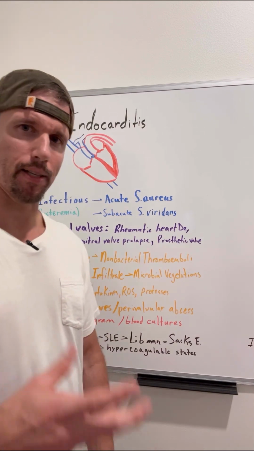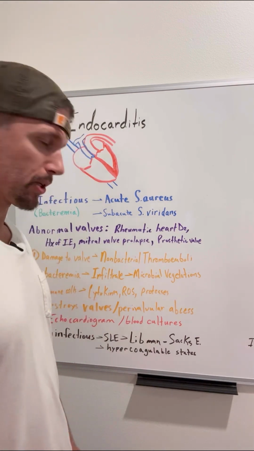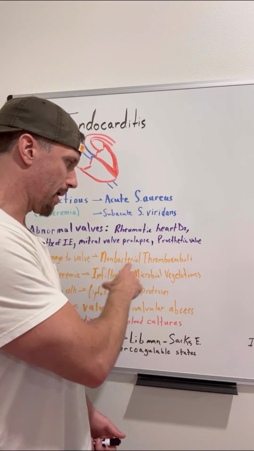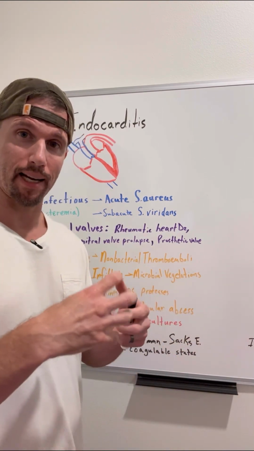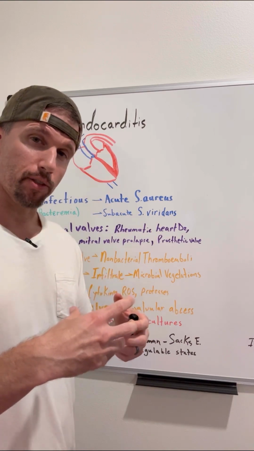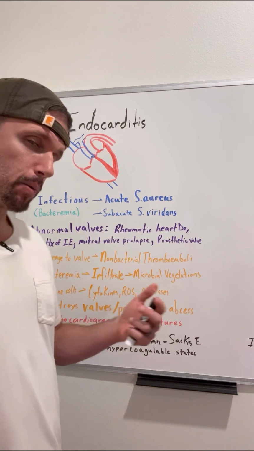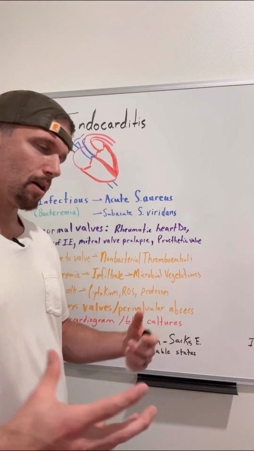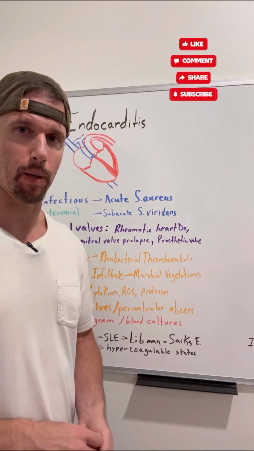But basically you get all these antibodies, and they can go and damage the valves, but you don't have the microbial growths. It's more of just this non-bacterial thromboemboli that form. But again, those can cause problems. Those can actually damage the valves too. They can embolize as well. Hypercoagulable states, something like factor V Leiden, something that causes more clotting than normal, maybe the clots can stick to those valves better.